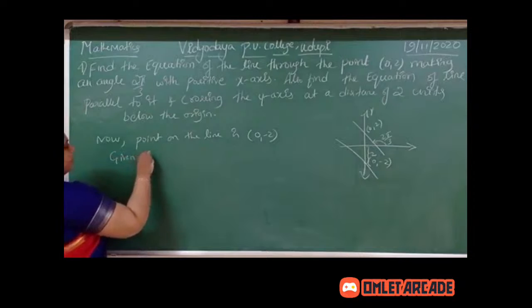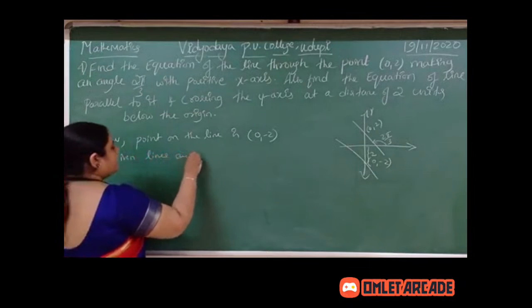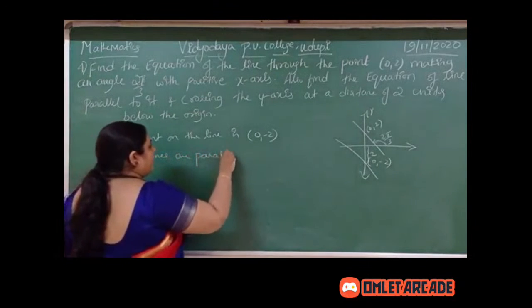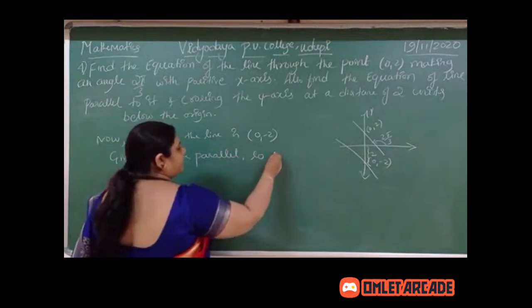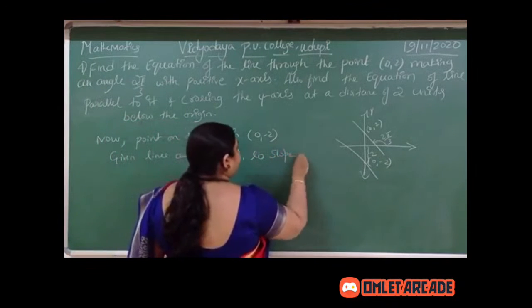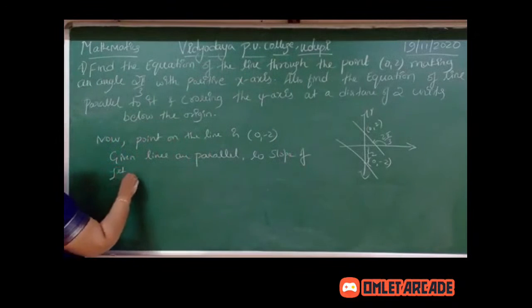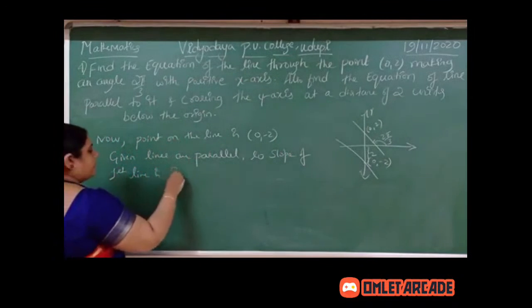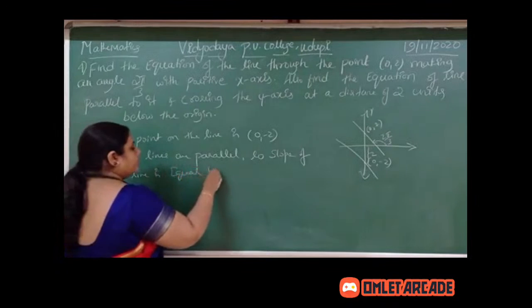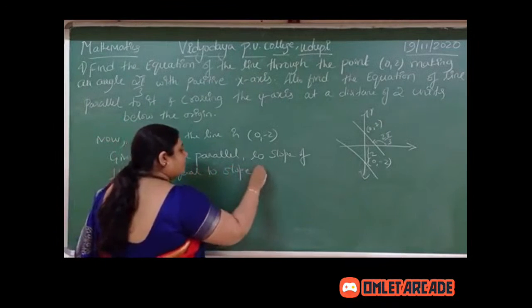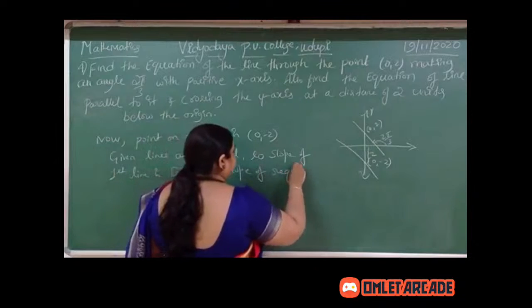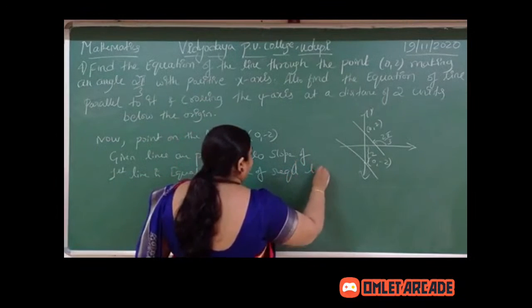Given lines are parallel. So the slope of the first line is equal to the slope of the required line. Am I right?